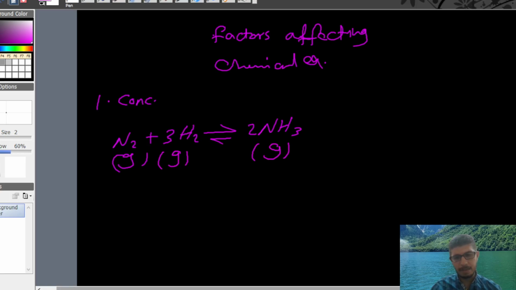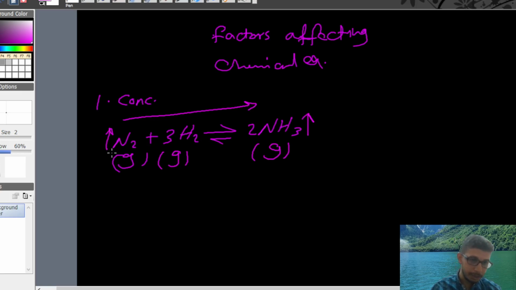If we are to increase the concentration of nitrogen gas, what will happen to the chemical equilibrium? This will lead the equilibrium to shift to the forward reaction. What is the forward reaction? The forward direction is the direction of formation of products. That means the concentration of the NH3, the ammonia gas, will increase.